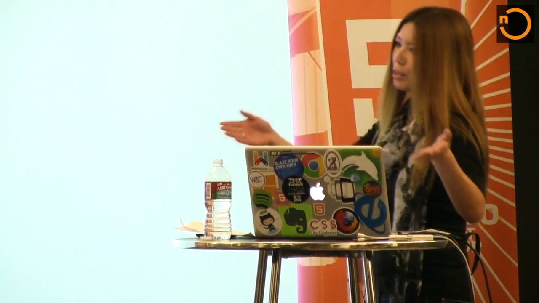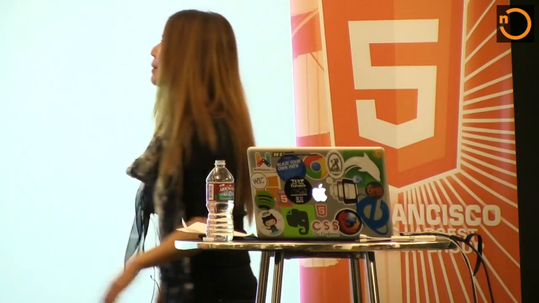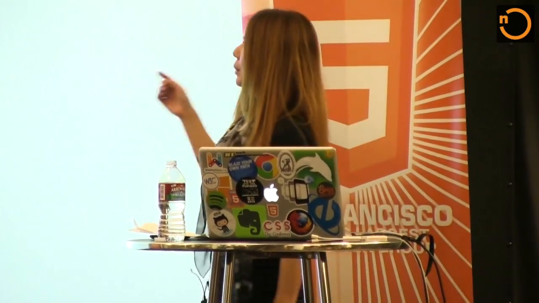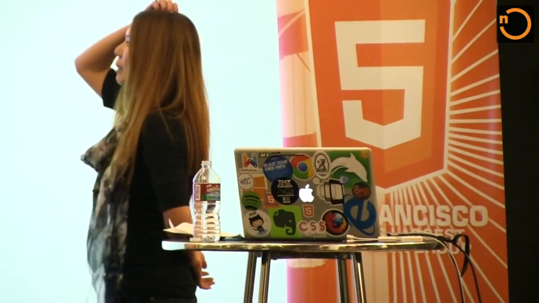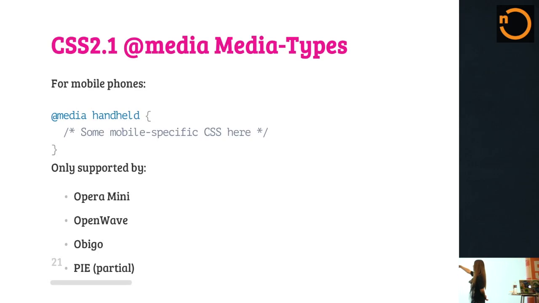Okay, so starting from the classic days again. I've been developing for the web for a long time. In the olden days, when I was developing for mobile feature phones, we had, in CSS 2.1, a media type called handheld. This was the media type we used for mobile, and we could have specific CSS here.